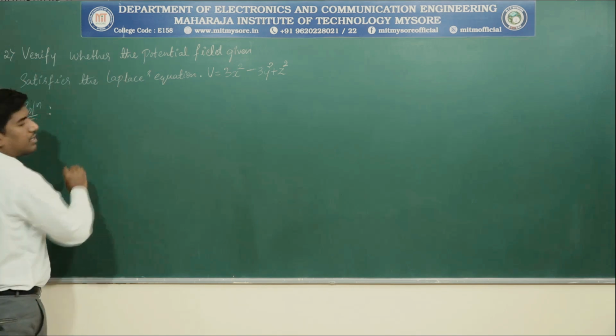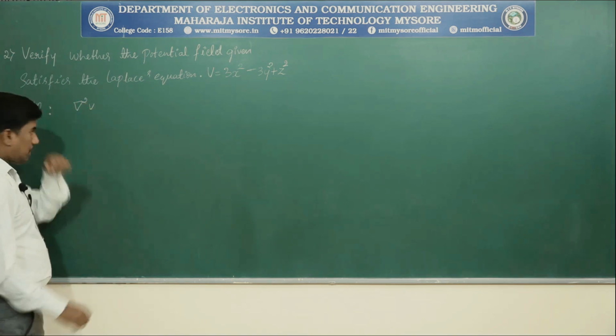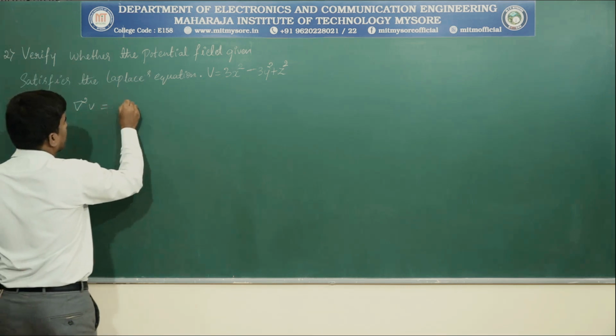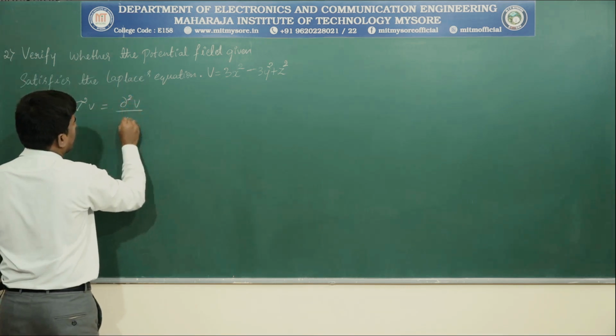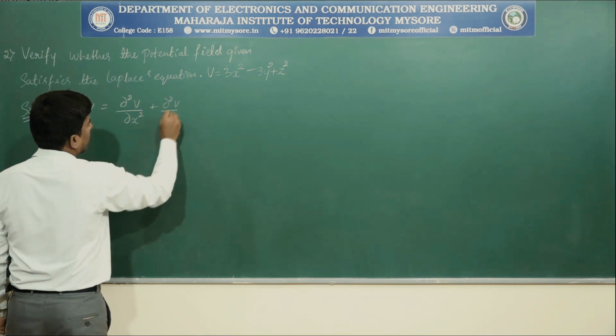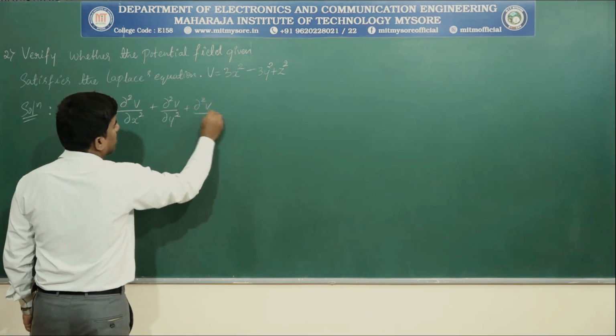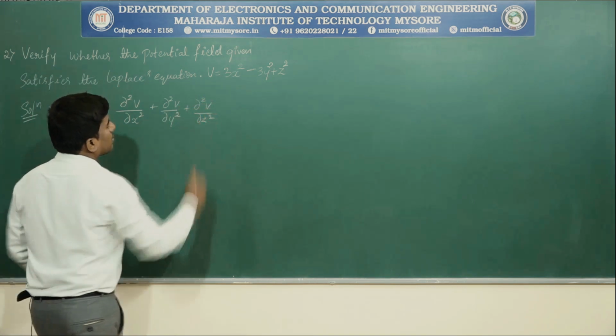In Cartesian coordinate system, gradient square V, that is Laplace equation, can be represented as dou square V by dou x square plus dou square V by dou y square plus dou square V by dou z square.